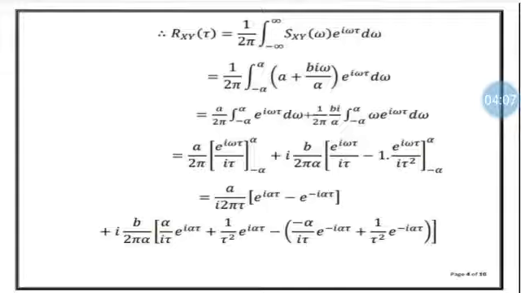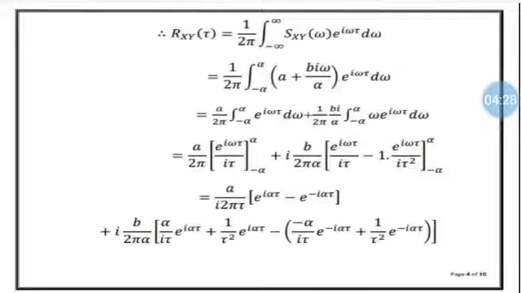Taking the constants outside, this is equal to a by 2 pi into integral from minus a to a of e power i omega tau d omega, plus 1 by 2 pi into bi by a integral from minus a to a of omega into e power i omega tau d omega.